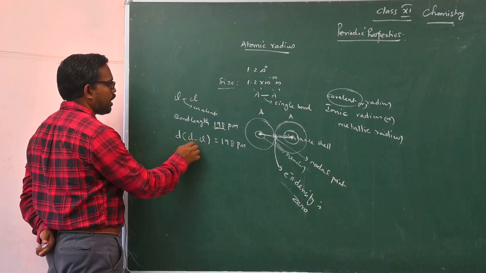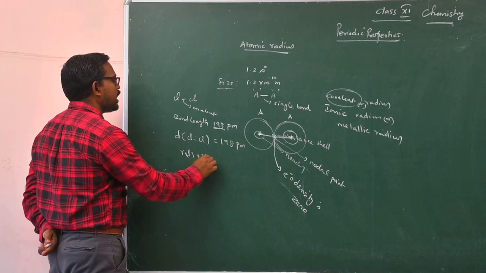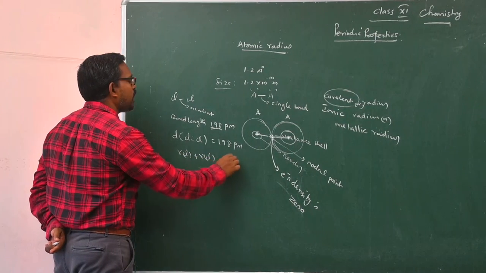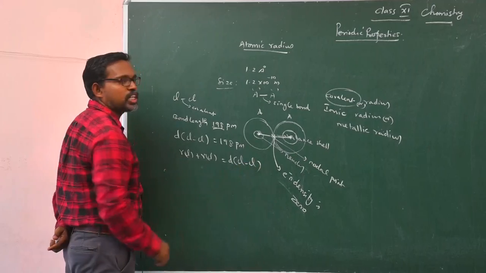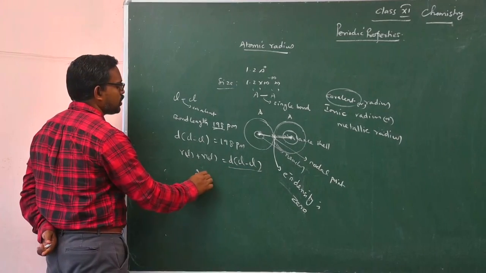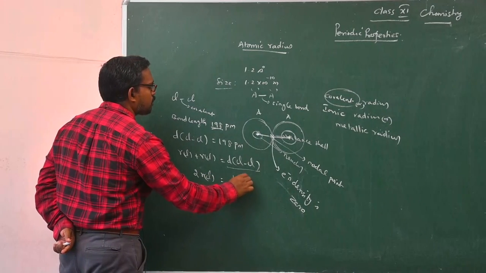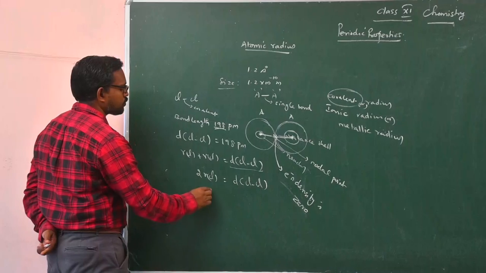So the diameter is the sum of the radii of chlorine plus the radii of chlorine, that is, 2 times the radius of chlorine equals the diameter of the chlorine single bond.